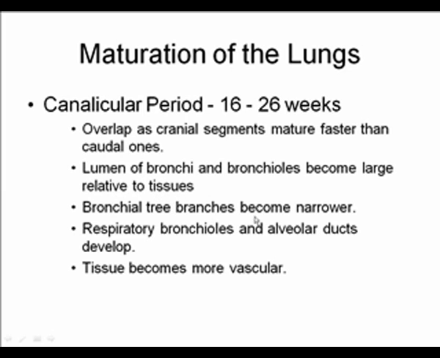The bronchial tree branches become narrower, and respiratory bronchioles and alveolar ducts are going to develop. That is, we're going to get a respiratory epithelium forming. In addition, the other important part that takes place during this early development is that the tissue has to become more vascular, and the capillary beds have to become closer in proximity to the epithelium.